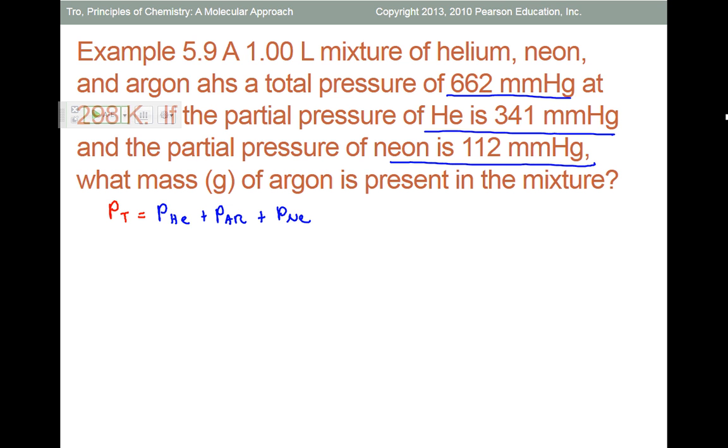So as long as we know those three things, we can calculate our partial pressure of argon. And like I said, you can convert to ATM first, but I'd rather just do 1 conversion than doing 3. So I'm going to convert after I figure out my partial pressure of argon in millimeters mercury.